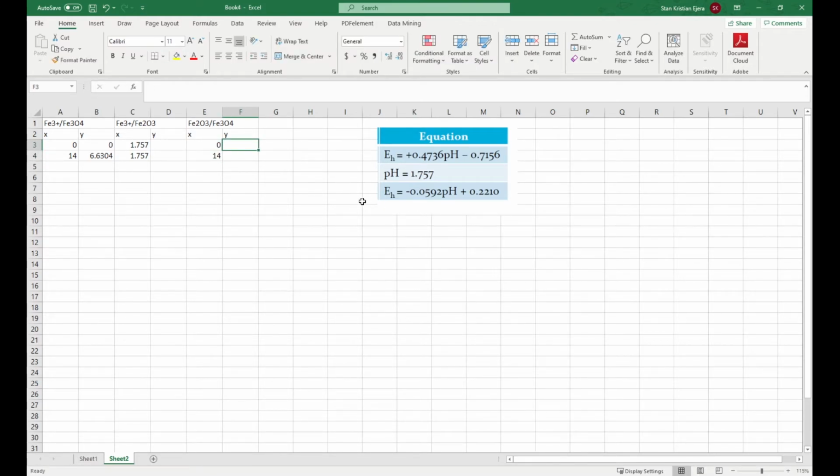Tapos y natin is equal to negative 0.0592 multiplied by your x value plus 0.2210. Okay.